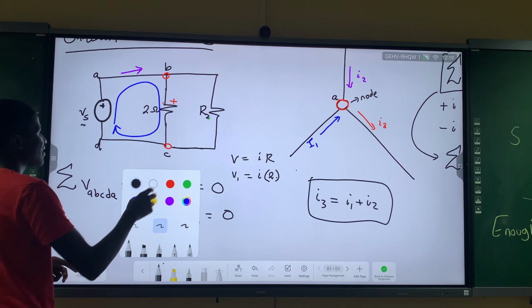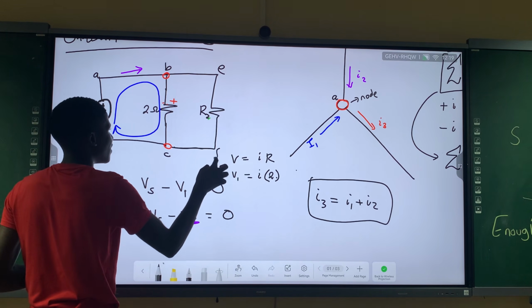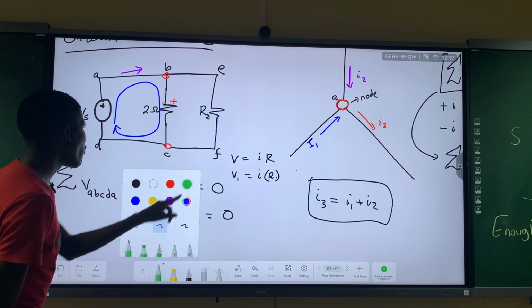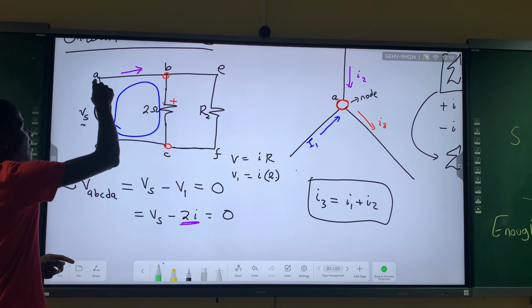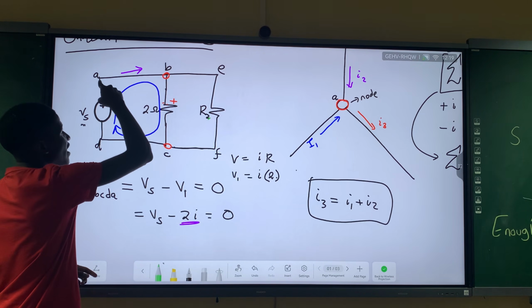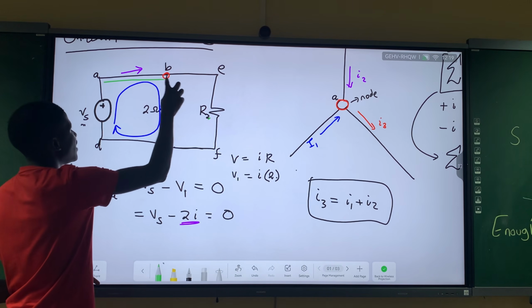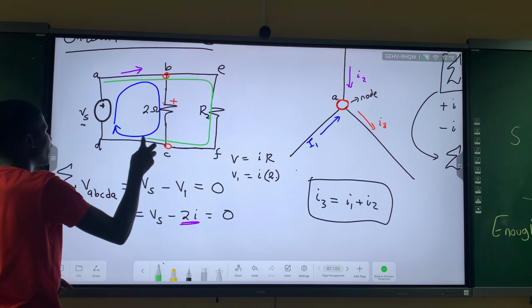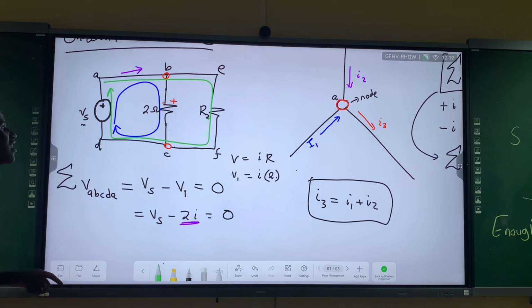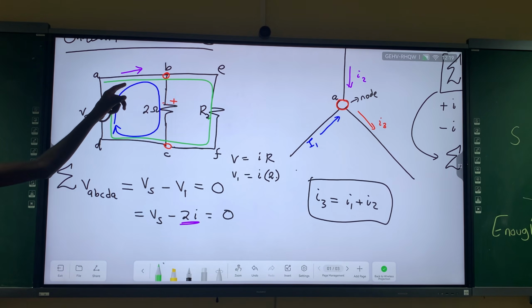If you want a loop, let's just say this is E, F. These are points E, F. If you want your loop to come from point A, from A, E, F, D. So it's like from point A to point E to point F to point D and back to point B to point A. So this green path here.